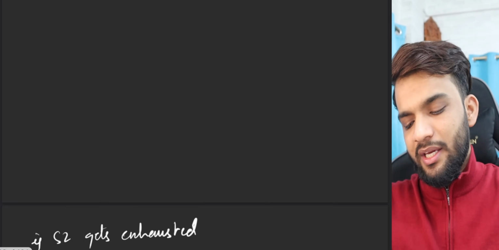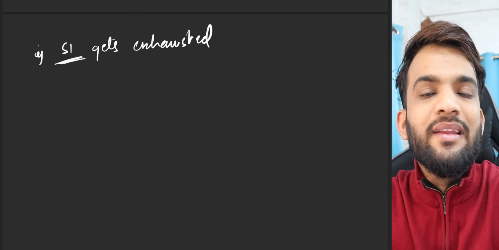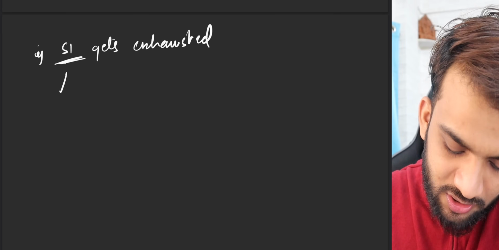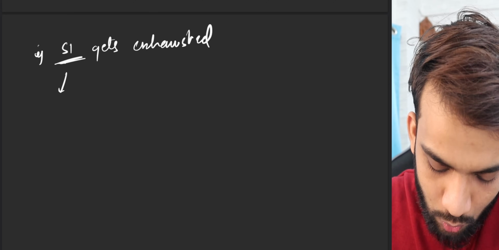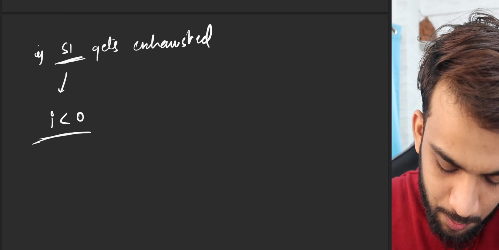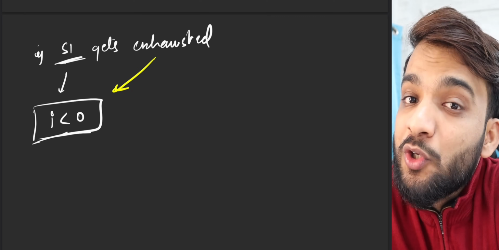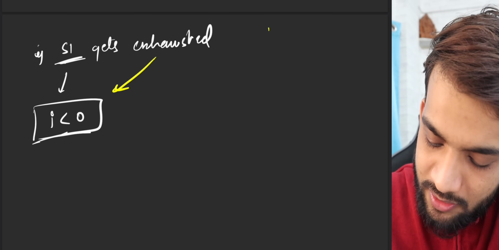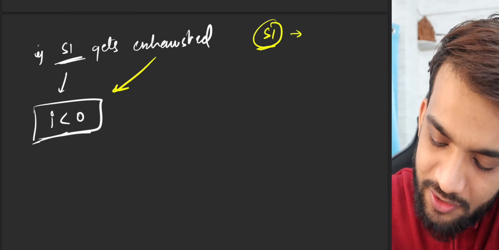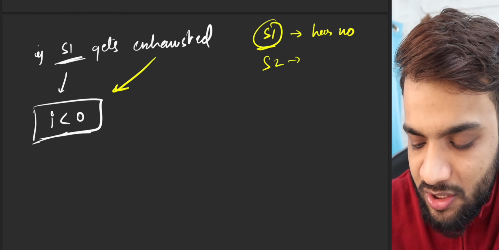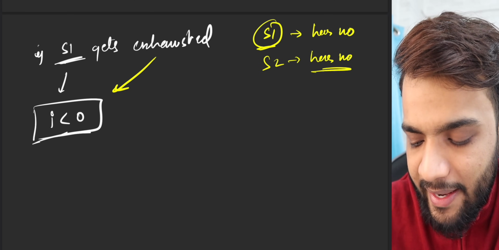So let's think, if the string s1 gets exhausted, what will happen? This basically means my i pointer will go beyond 0. This means the string gets exhausted, right? If this gets beyond 0, it means s1 has no more characters left, and in order to match with s2, this also has to have no more characters.